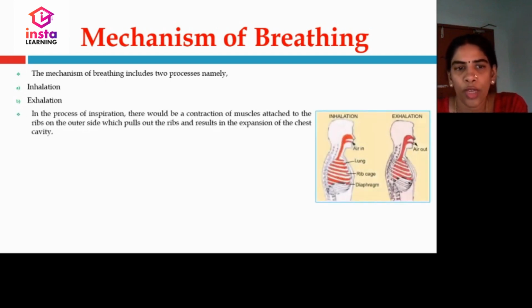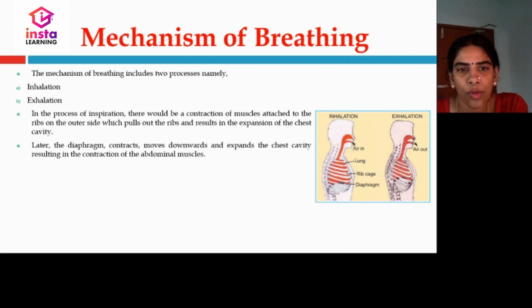In the process of inspiration, that is inhalation, there is a contraction of muscles attached to the ribs on the outer side. It pulls out the ribs and results in the expansion of the chest cavity. When you inhale, you can see the expansion of your chest cavity.